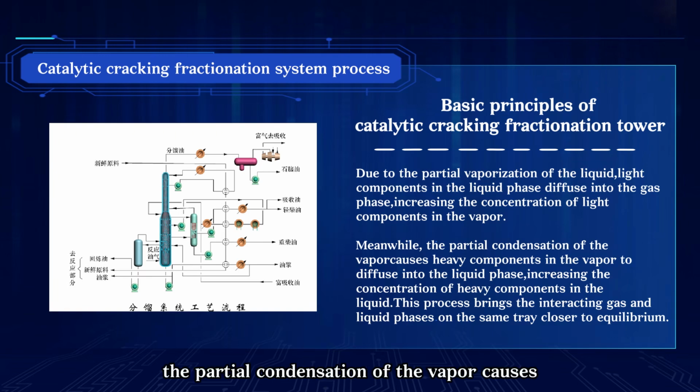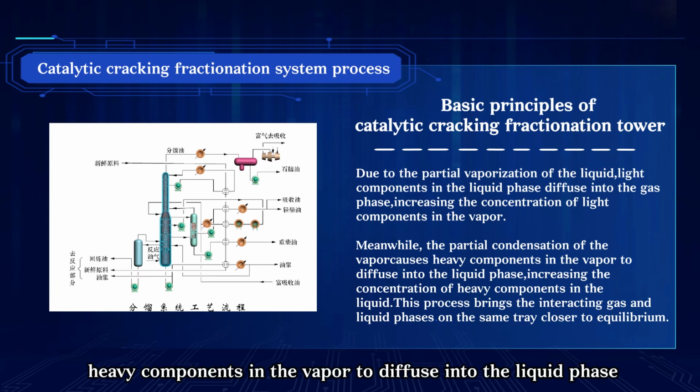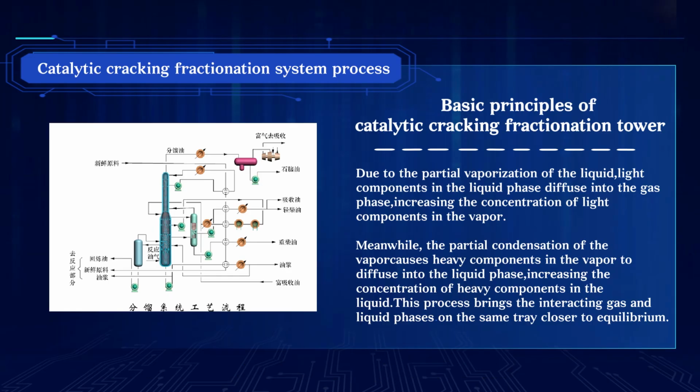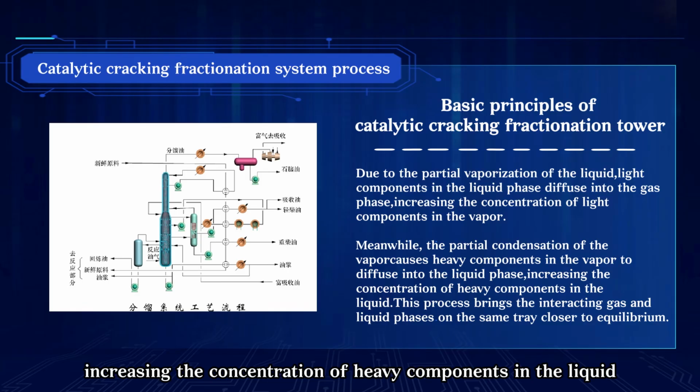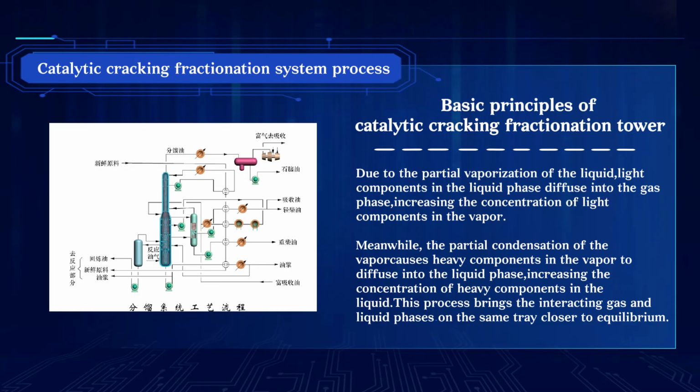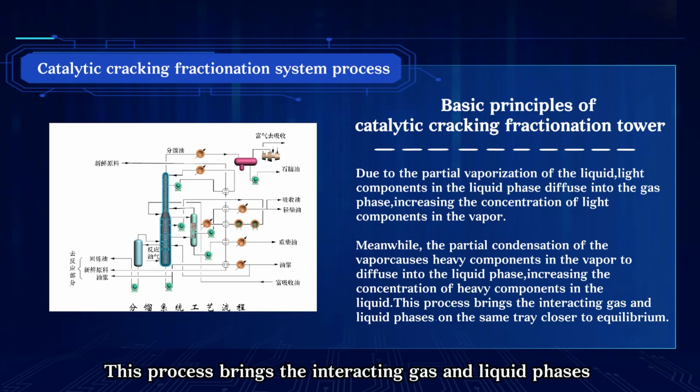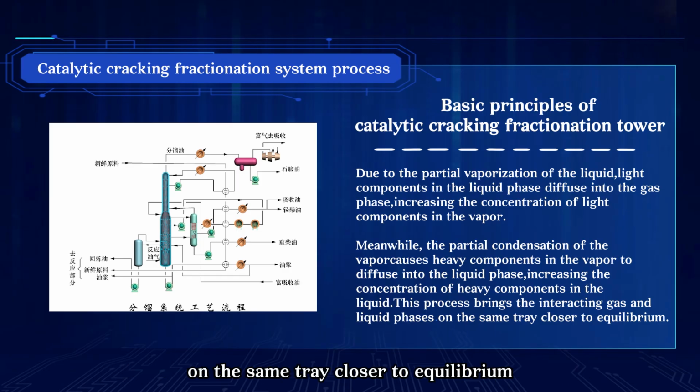Meanwhile, the partial condensation of the vapor causes heavy components in the vapor to diffuse into the liquid phase, increasing the concentration of heavy components in the liquid. This process brings the interacting gas and liquid phases on the same tray closer to equilibrium.